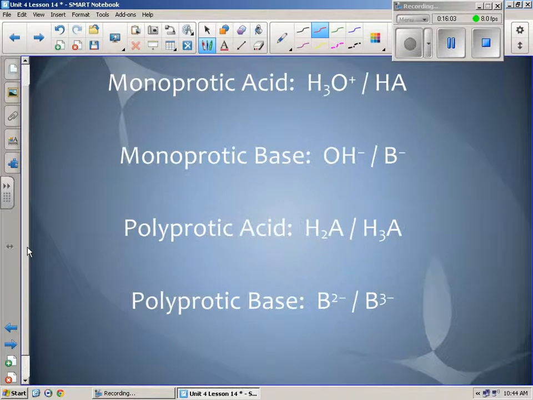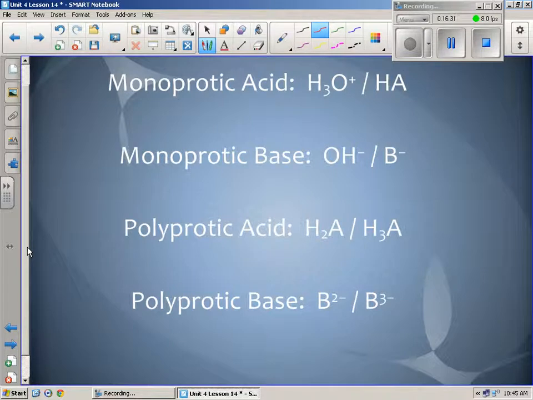It donates another H plus, and then you have SO4 2 minus. Okay? So that's a polyprotic acid, H2SO4, H3PO4. Polyprotic bases are either B2 minus or B3 minus. Like, for example, oxalate, OOCCOO 2 minus is a polyprotic base. It could accept H plus, and then it could accept another H plus. Okay?